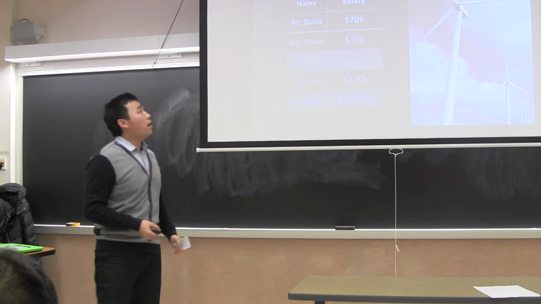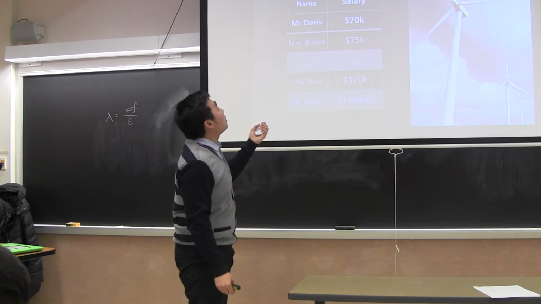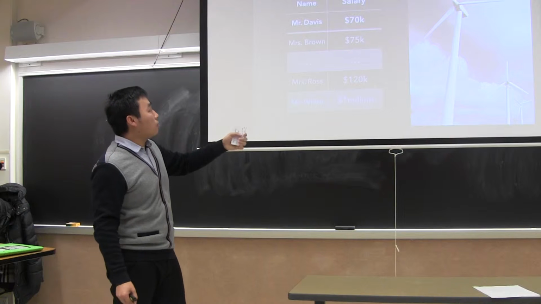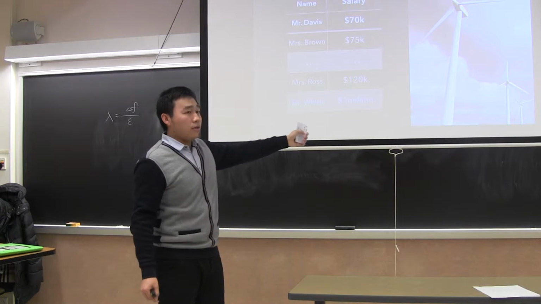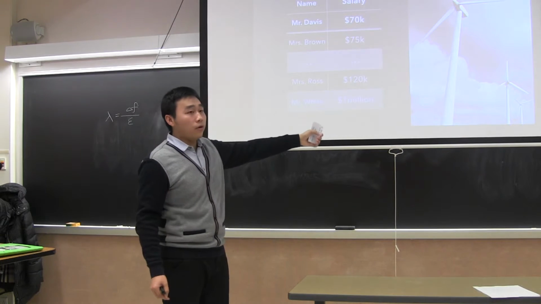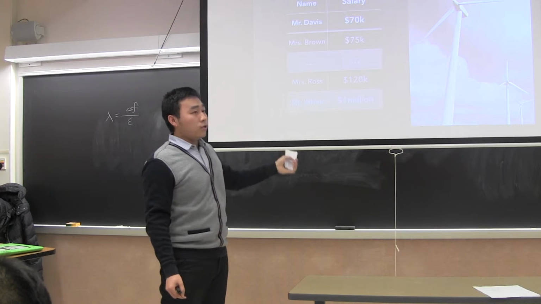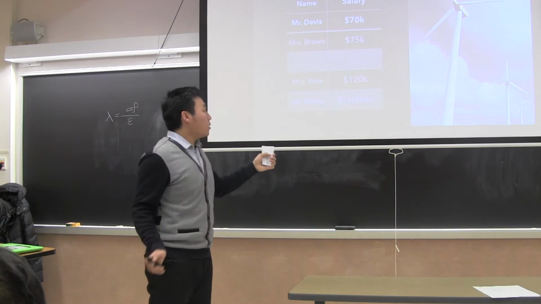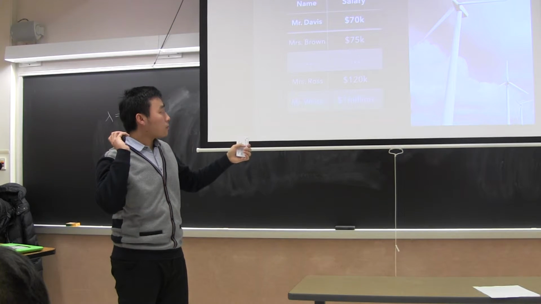So I will give you an example of delta f, the sensitivity, in terms of the Mr. White example. We have two columns. The first column is the name of the residents in the neighborhood, and the second column is the salary of each resident. What is the delta f of this table if we are querying the total salary?